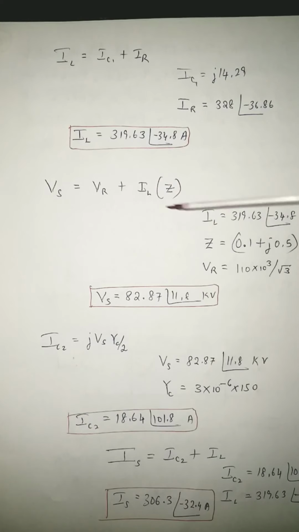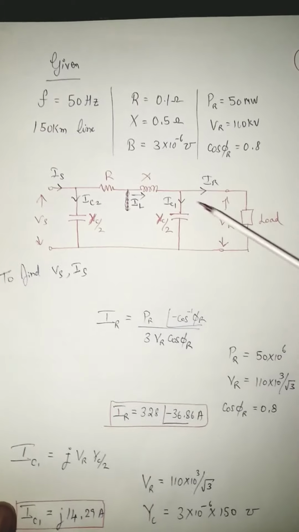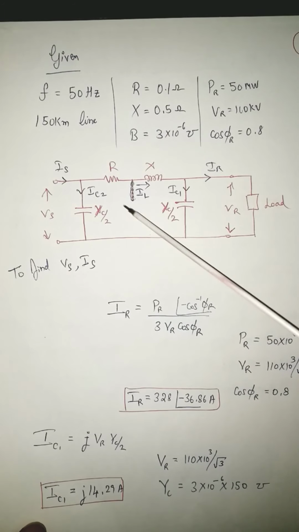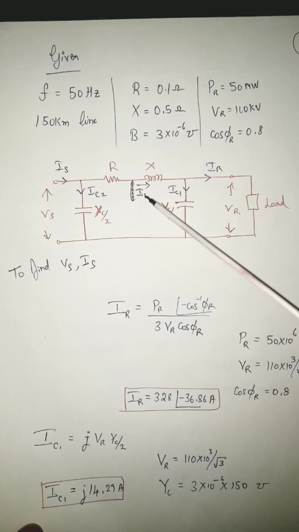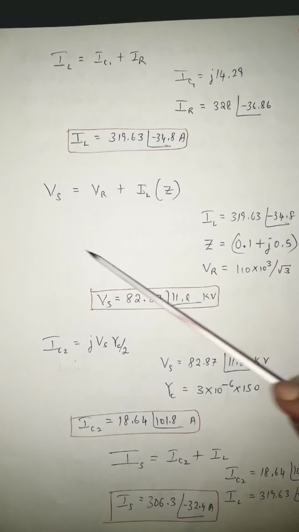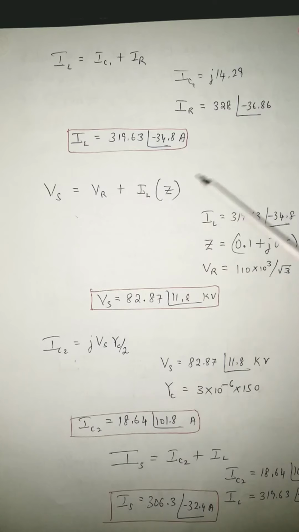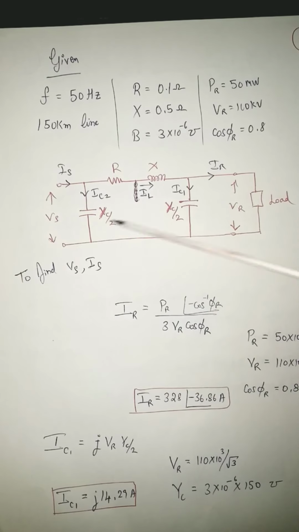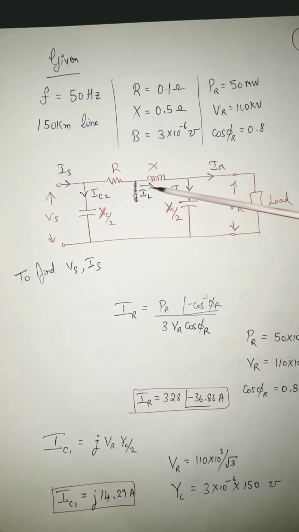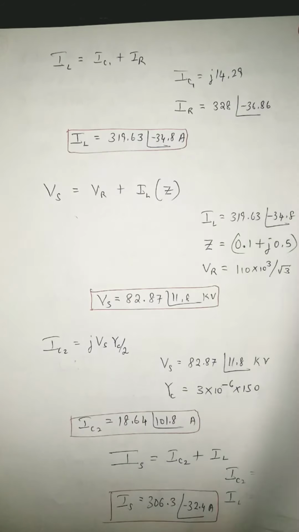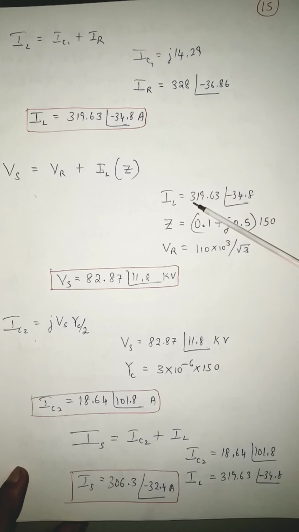Now in the first loop I'll be using KVL. I have calculated IL now. I'll be using KVL in this loop. So IL into this impedance plus the voltage across this should give me the voltage across the capacitor. So Vs is equal to VR, that is the voltage across this, plus IL into Z. IL we have calculated just now.